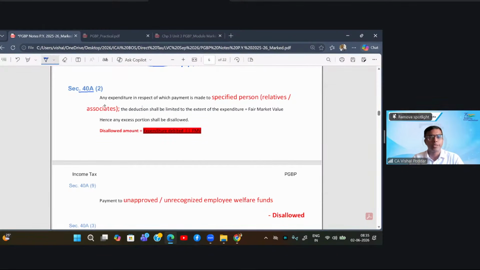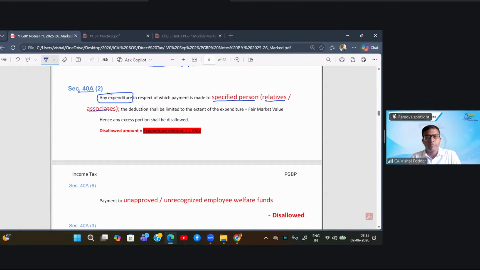Now this section says that whenever you are doing business with some specified person. Now who is the specified person? The person is either your relative or your business associate. When you are doing business with any such person and there is any expenditure with this person, let me give you a simple example.